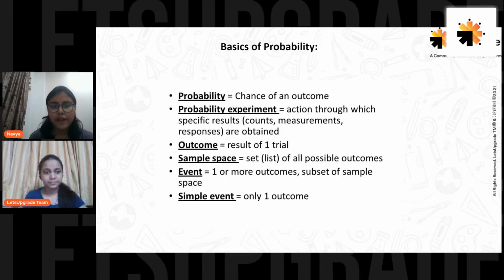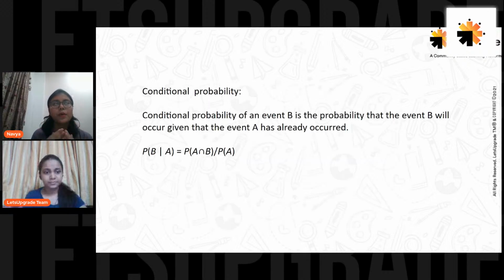Now coming to your conditional probability. So when we talk about conditional probability, see, it is very much related with an event. I can explain in this manner. Okay, just don't see the definition, I'll just give you the example and then you relate the example with the definition.